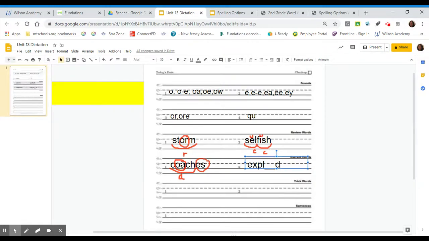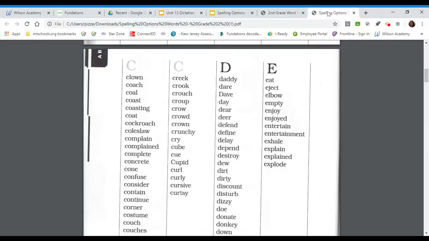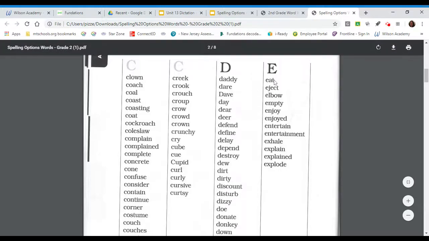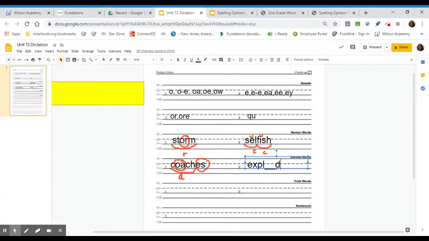So once again, I'm looking over here in my spelling option section. Here's your E's. And I know that my first syllable is EX. I go down to EX. Plode. I hear that PL. And over here, I see the ODE. So it's an ODE.